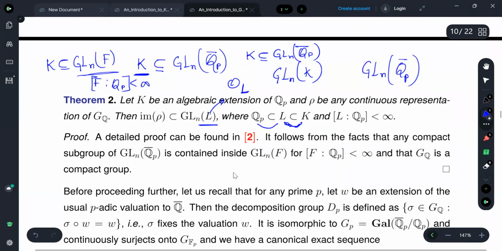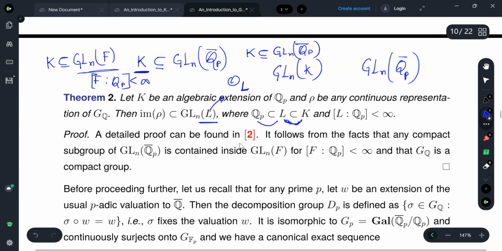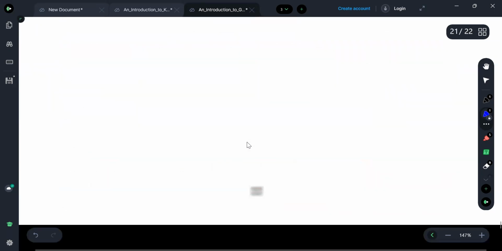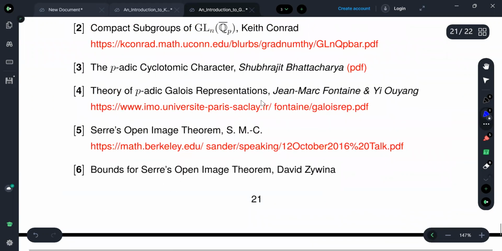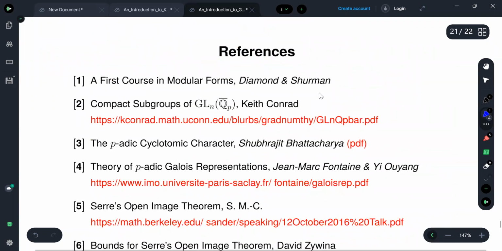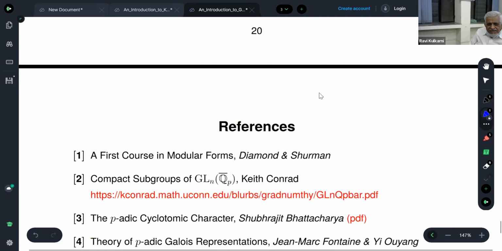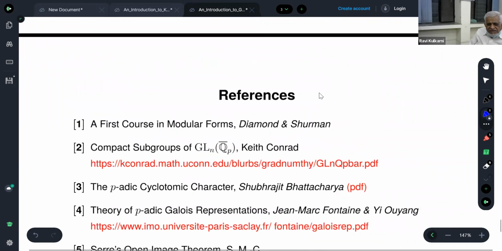And this follows from this theorem, and this theorem is proved in this small paper of Keith Conrad, given in the reference. Where is this paper published?